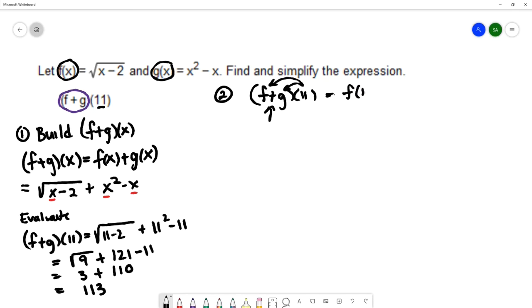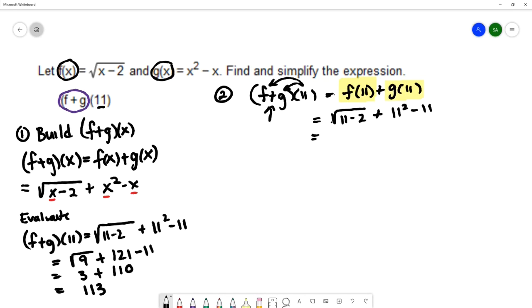That's f of 11 plus g of 11. f of 11 is substituting 11 into the function called f. That's square root of 11 minus 2. g of 11 is substituting 11 into the function called g. So 11 squared minus 11. And then we want to add those answers together.